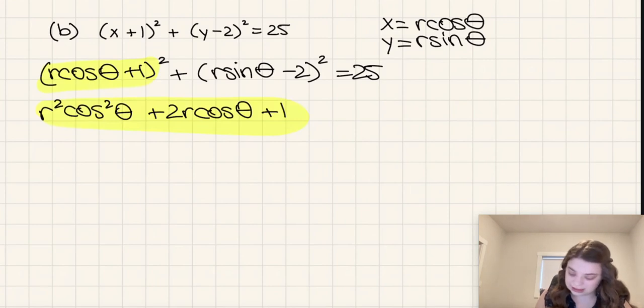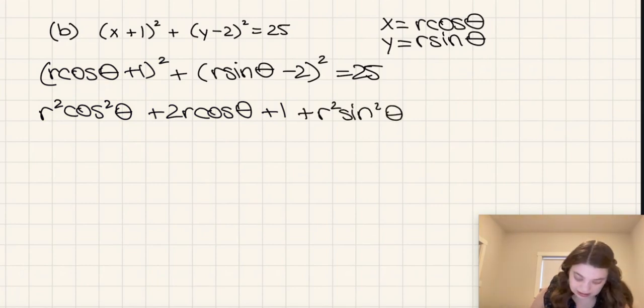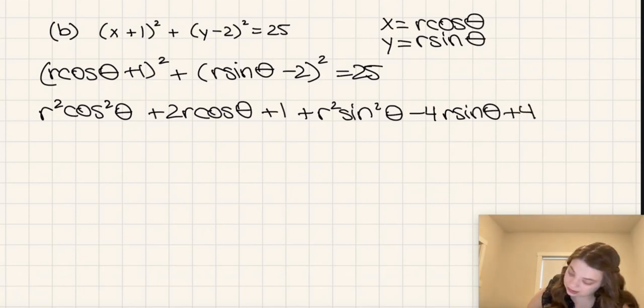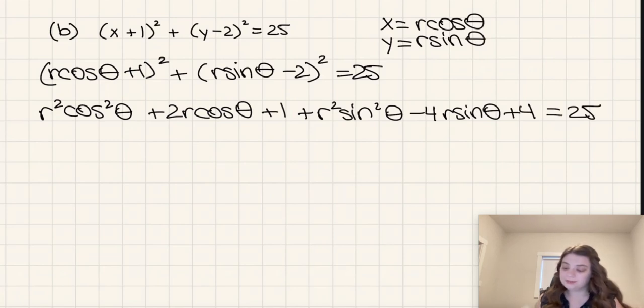Okay, now let's expand the second set of brackets there. If we do that, we're going to get plus r squared sine squared theta minus 4r sine theta, so doubling the product. Squaring the last gets us plus 4, and that's equal to 25. Okay, now I'm going to combine some terms and also just rearrange some stuff a little bit.